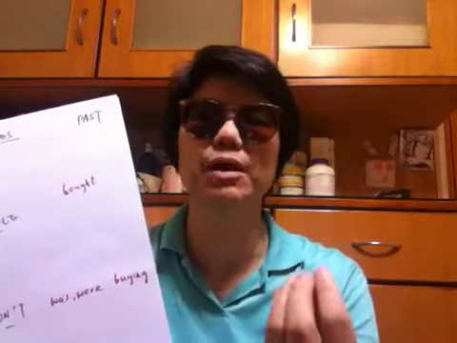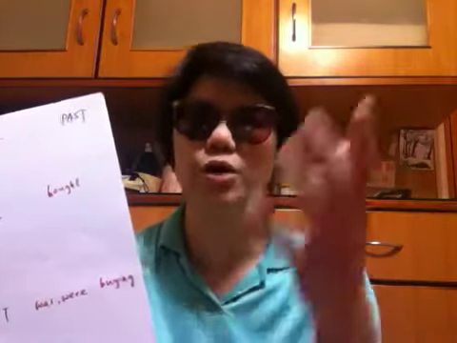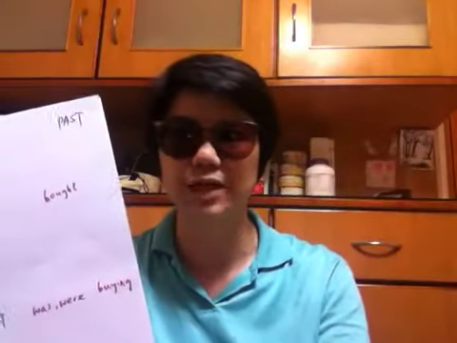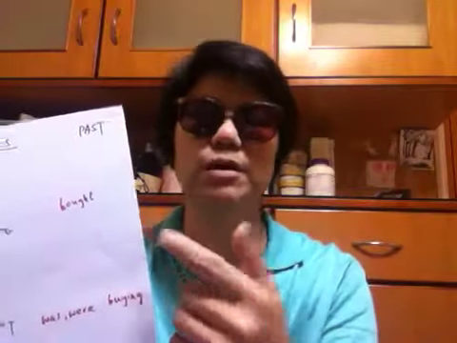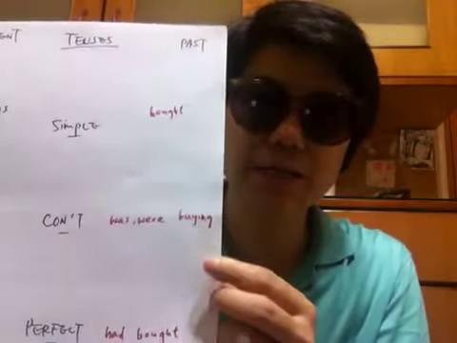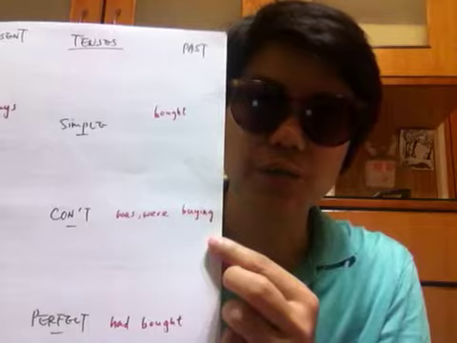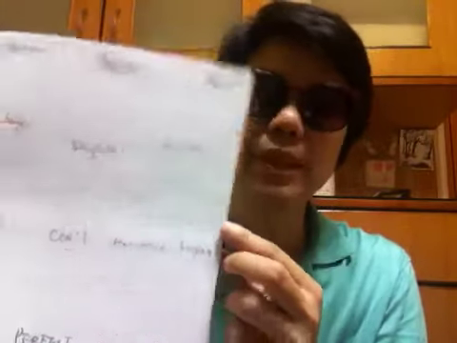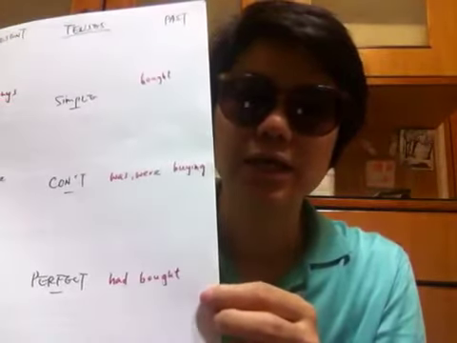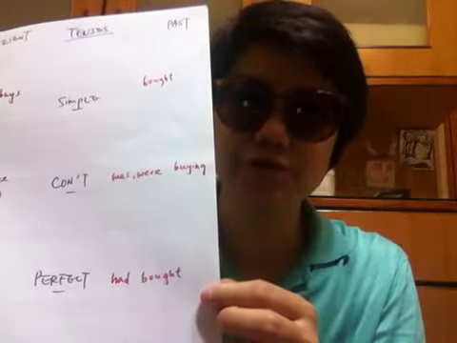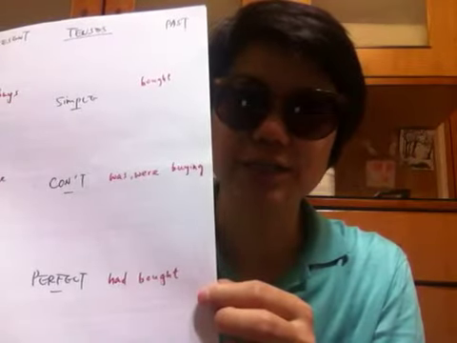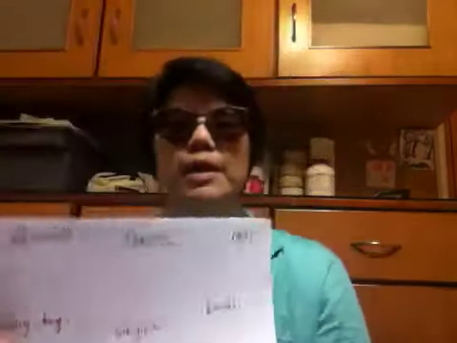But it doesn't mean that all the verbs are like this. It only means that some of the verbs are like this, including this verb, buy. And another one is past continuous: was, were, plus buying. And the third is past perfect: had bought.